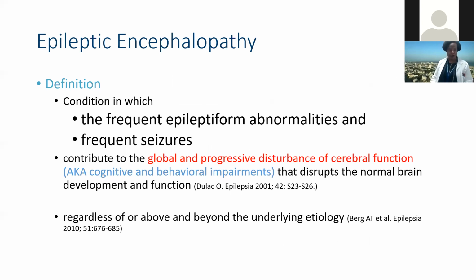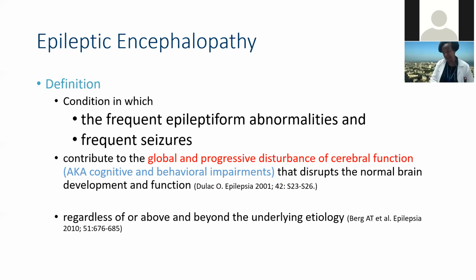One of the terms that we used in the past to describe children who have any of these electroclinical syndromes was the term epileptic encephalopathy. When we said that the patient had epileptic encephalopathy, these were patients who have frequent epileptiform abnormalities in the EEGs and/or frequent seizures, okay?